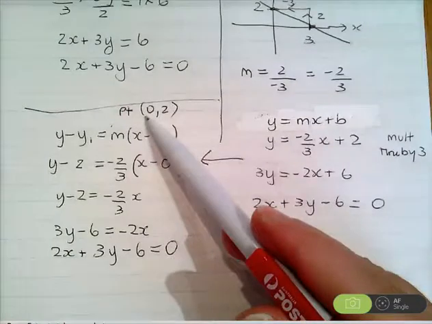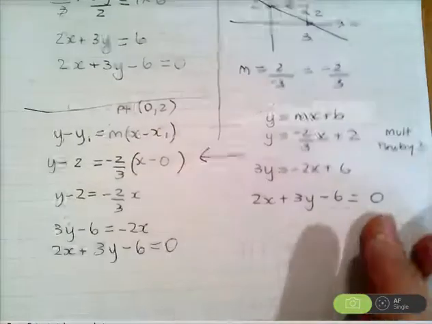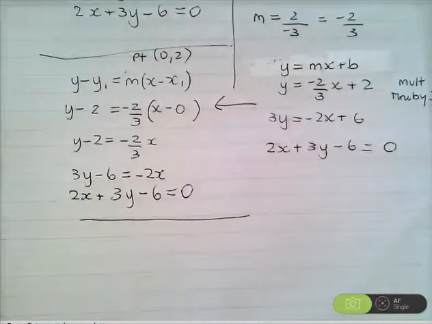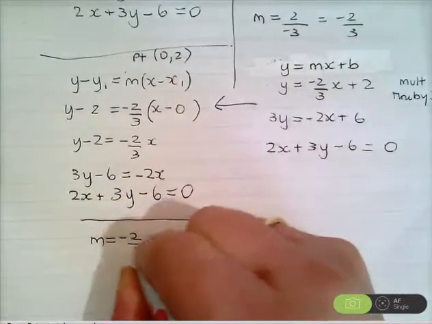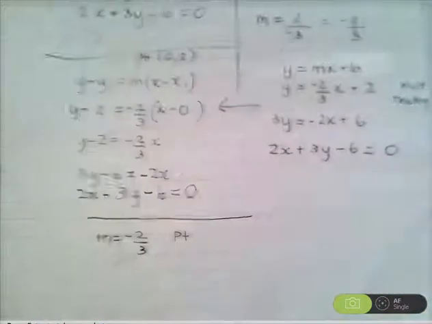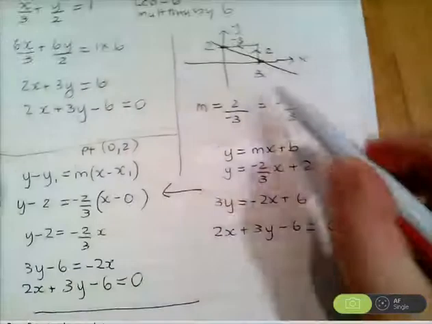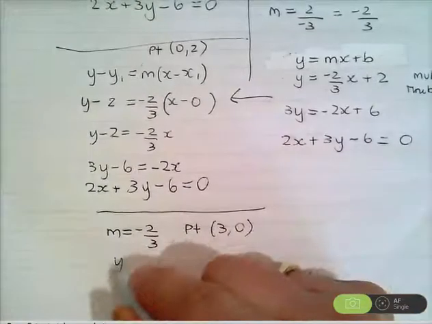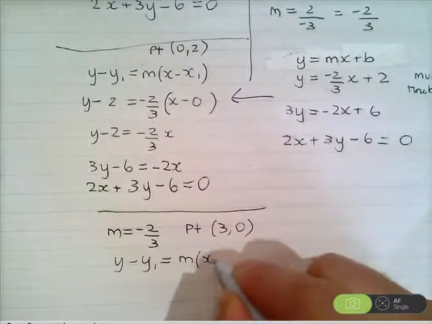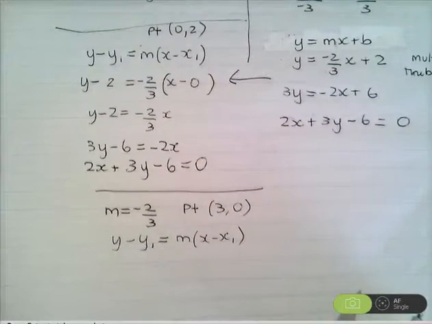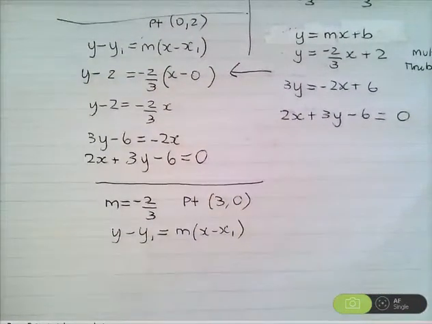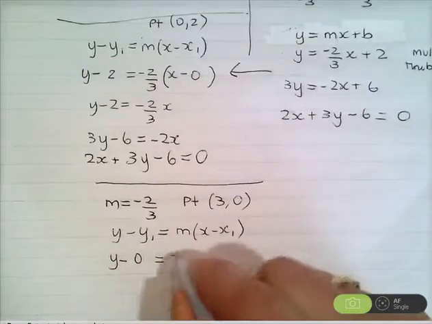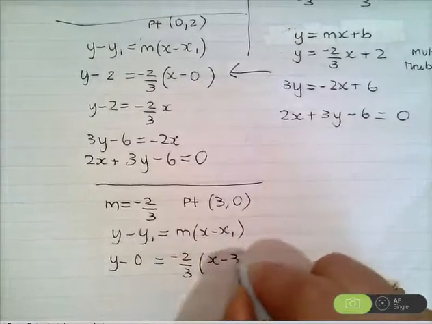So that's another way I could do that. And the other thing I could have done was substitute, instead of the point 0, 2, the point 3, 0. I'm going to do that as well so that you can see that you do get the same answer. So the gradient is negative 2/3, and the point I'm going to use is the x-intercept 3, 0. So let's try that. y minus y1 equals m bracket x minus x1. I'm just doing this to reassure you that no matter which point you use, you will still get the same formula. So we get y minus 0 equals m, negative 2/3, x minus 3.